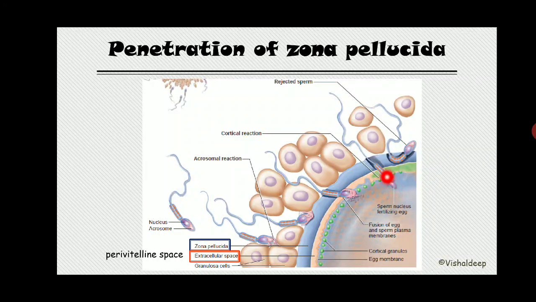And once one sperm has entered one oocyte or ovum, the remaining sperm are not able to enter that particular oocyte. That blocking of multiple entry of sperm inside a single oocyte is known as the blocking of polyspermy. Got it? So let's write down what we understand up to that level.